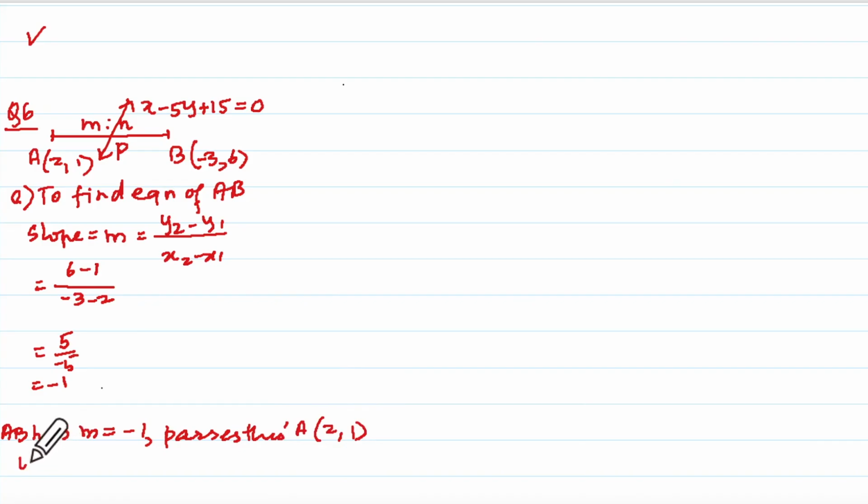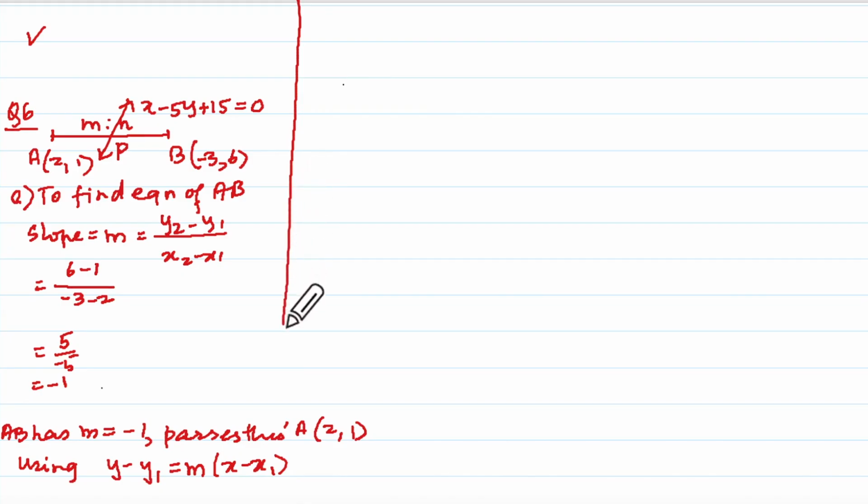Okay, so using which formula? y minus y1 is equal to m into x minus x1. What will I get? y minus 1 equal to minus 1 into x minus 2.